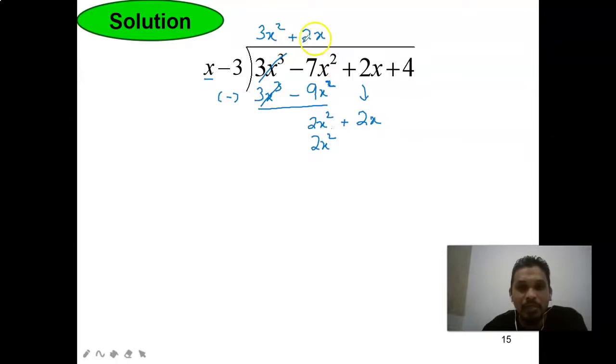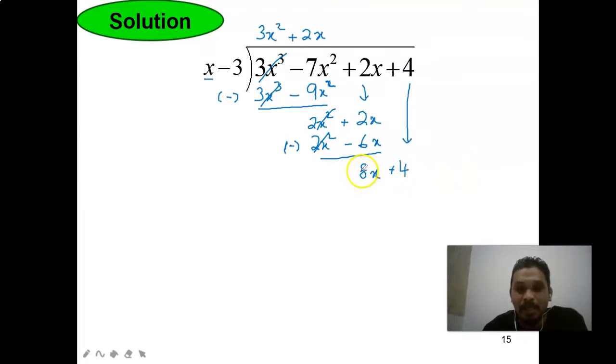Then 2x multiplied with negative 3 equal to negative 6x. And again minus here, so 2x squared minus 2x squared, 0. Negative times negative becomes positive. So 2x plus 6x, 8x. Then bring down the 4, plus 4.